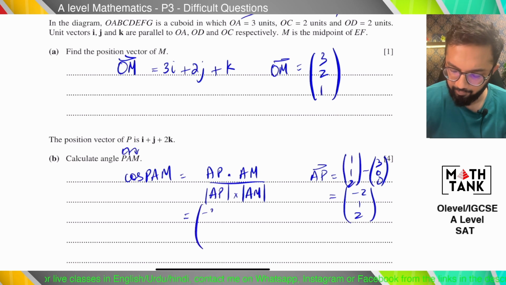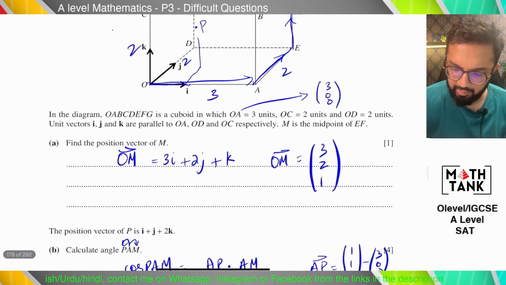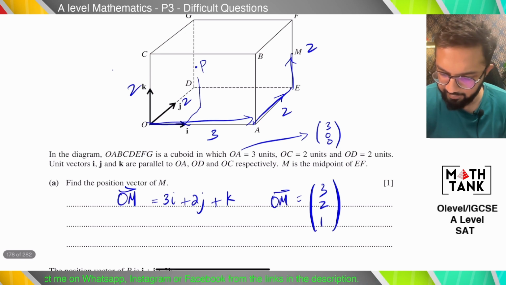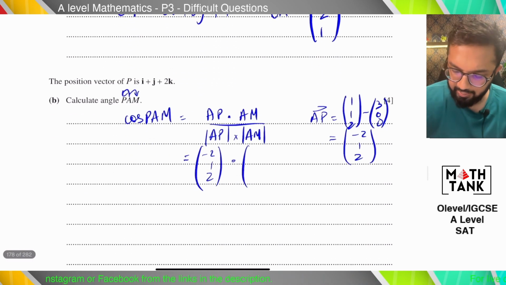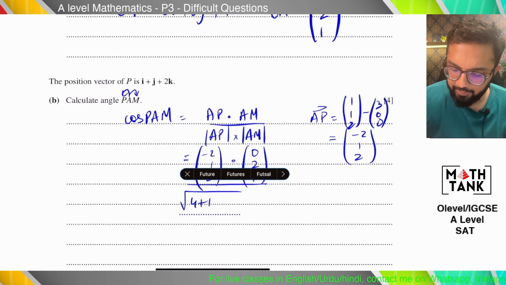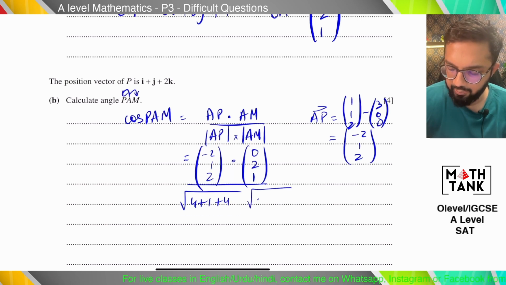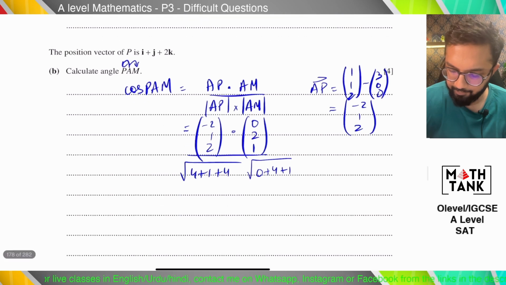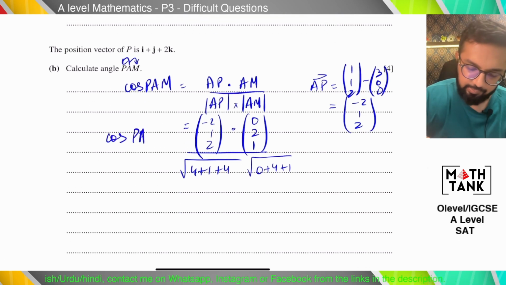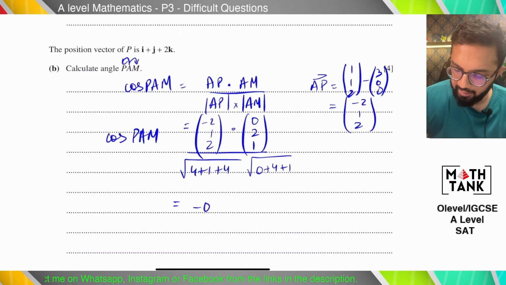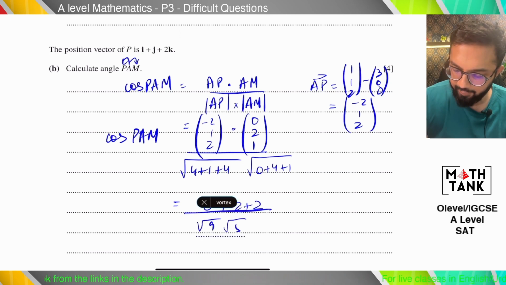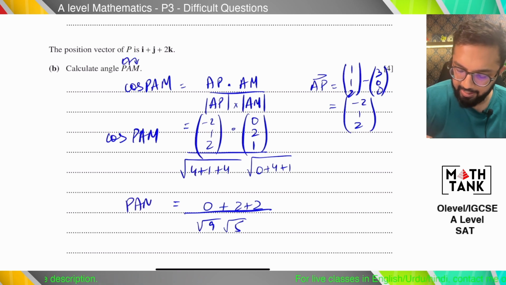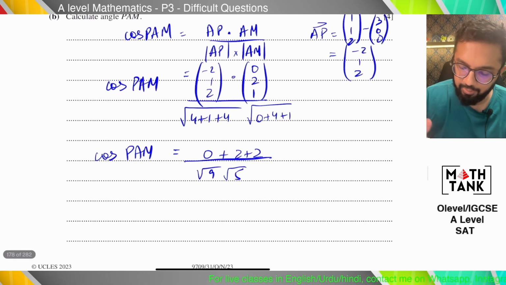And AM is 2j plus k, I can see that there. That's 4 plus 1 plus 4, and that's 0 plus 4 plus 1. The dot product will give me 0 plus 2 over root of 9 into root of 5, and that's cos PAM. So cos inverse then.